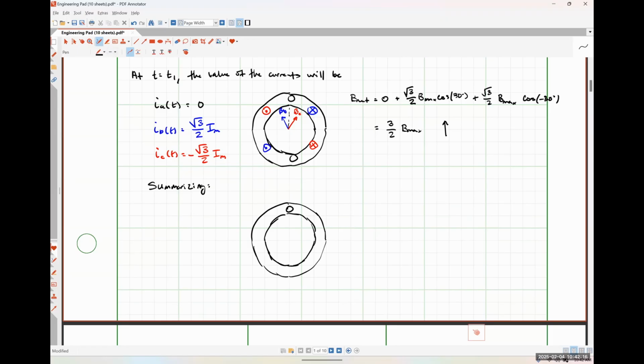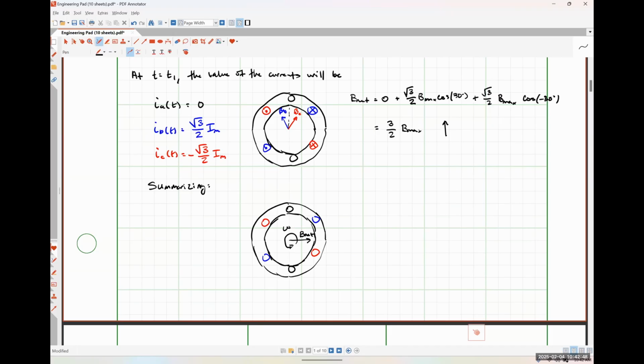So here's our A and A prime, B and B prime, C and C prime, and we have some net magnetic field B net that is going to be spinning around with the exact same angular frequency omega that we are using to excite the coils with our currents. Okay, so that's all we're seeing here.